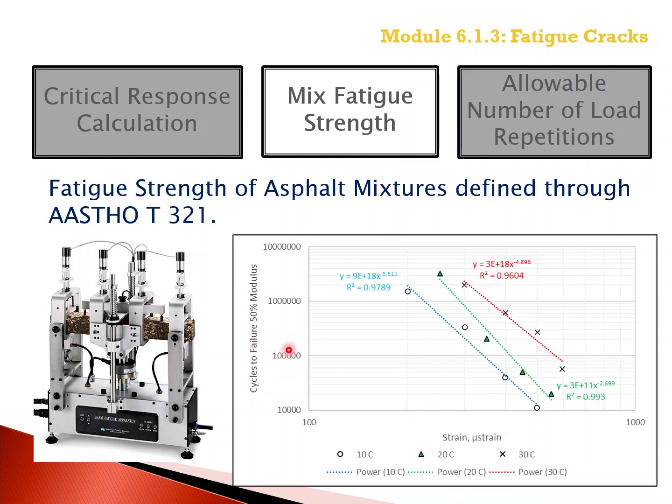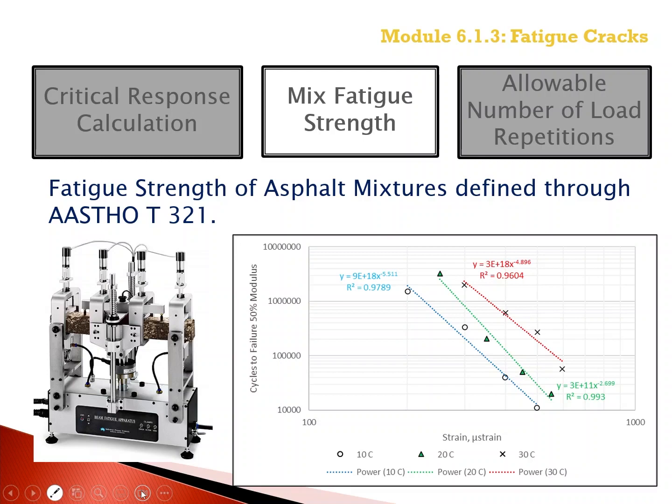For the MEPDG, the definition of failure, as just mentioned, is the decrease in the flexural stiffness of the asphalt beam to a value of 50% of its initial flexural stiffness at the start of the test.